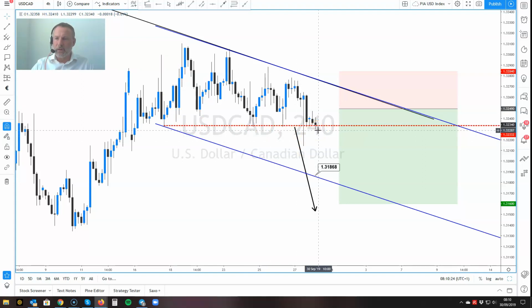We've got some bespoke resistance located at 132.49 this morning. We've got a channel support located at 131.87, and then we've got the triangle target level around 131.55. So at the moment, still looking at selling into rallies in dollar CAD.